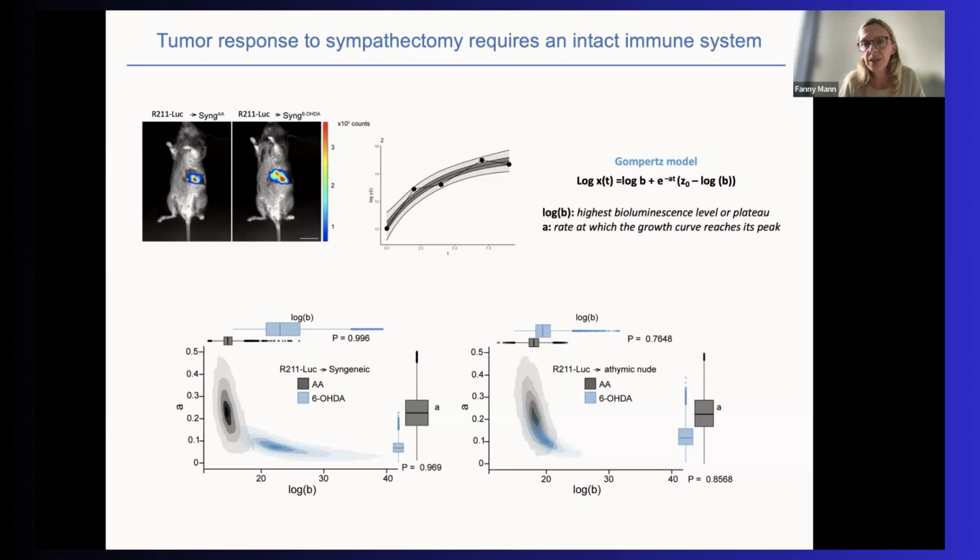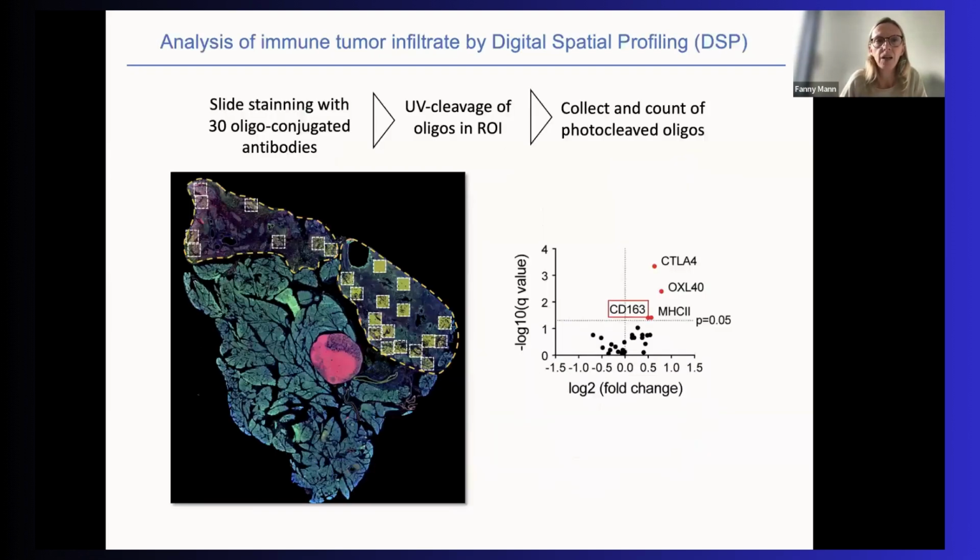So to begin to understand the mechanism underlying this effect, we used a digital spatial profiling technology to profile the immune infiltrate in KIC tumors and compare the immune infiltrate in the control and denervated tumors.